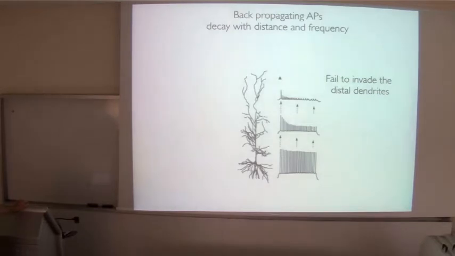Okay, so some people have the idea that the Schaffer collaterals are a gating mechanism for plasticity in this area, because you don't get, we'll talk about it later, but you don't get this action potential back into the apical dendrite of the CA1 pyramidal cell unless you activate the Schaffer collaterals at the same time. But if you do, then they depolarize these areas, and then you can actually induce plasticity from the fibers that are coming from the cortex towards these dendrites.